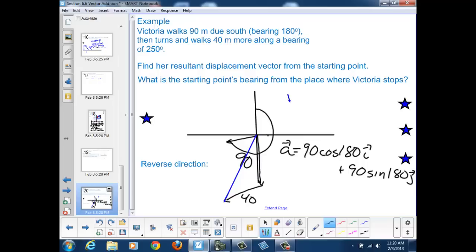And our second vector, B, is going to be 40 cosine 250 i plus 40 sine 250 j.